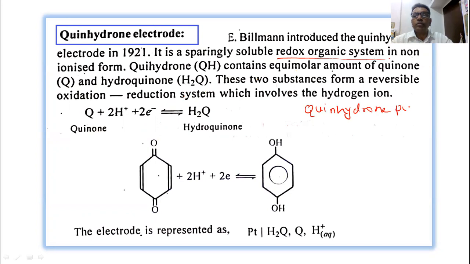Quinhydron powder is a blackish colored powder, and we require only a very small quantity of it to construct a cell. Quinhydron contains an equimolar amount of quinone and hydroquinone.